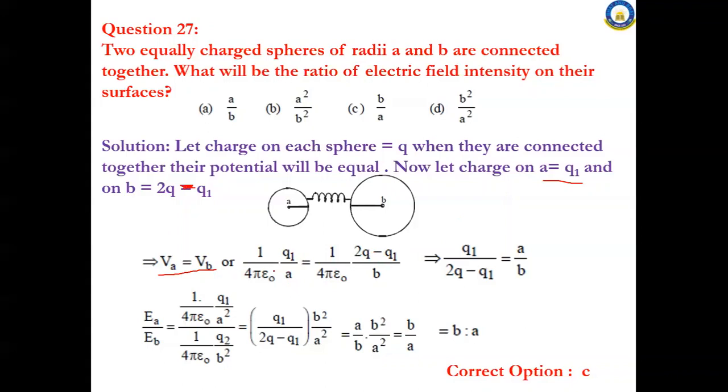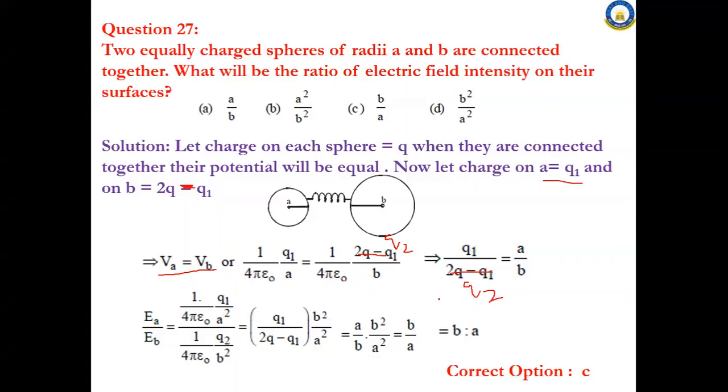Now you equate the two equations: 1 by 4 pi epsilon naught Q1 by A equal to 1 by 4 pi epsilon naught Q2 by B. The 1 by 4 pi epsilon naught on both sides is common, so it cancels out. So Q1 by A equal to Q2 by B, or Q1 by Q2 is equal to A by B.